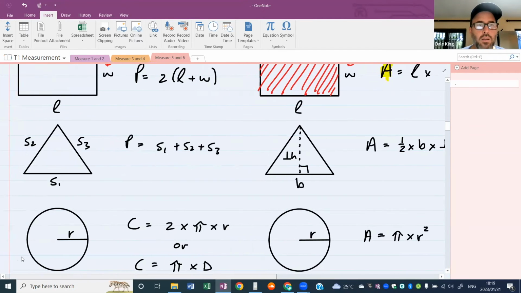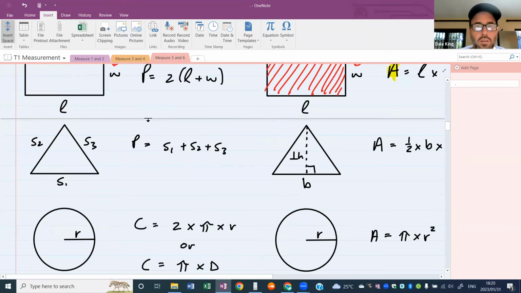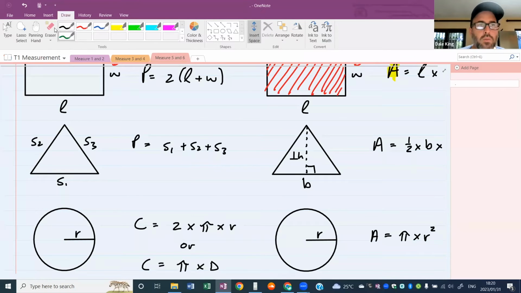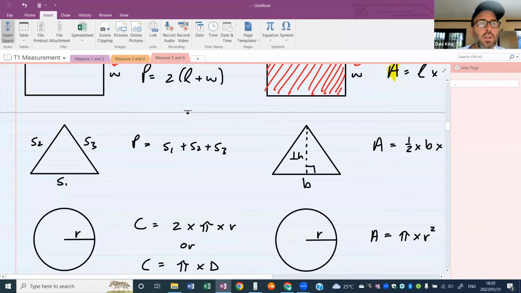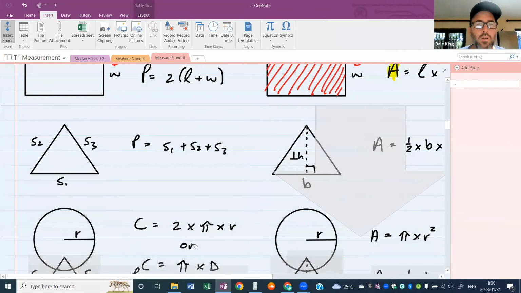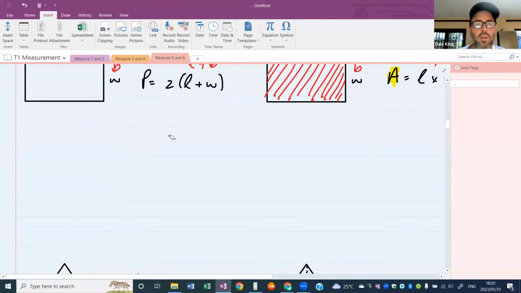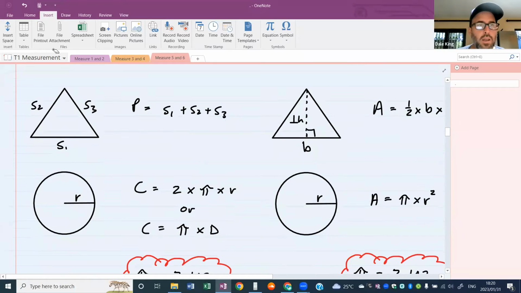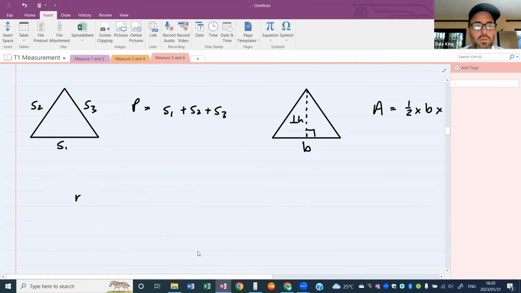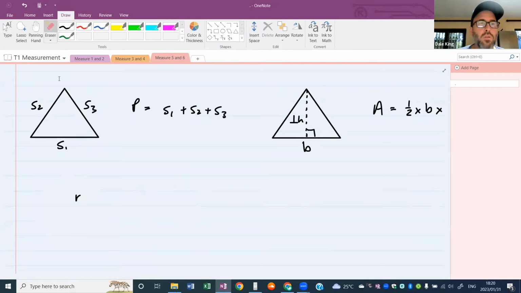Let's try again. In fact, we'll just delete this. And then we won't cut anything off. I don't want to chop things. There's the rectangle. And let's make some space here for the triangle. We'll redraw the R later on. So there's the triangle.